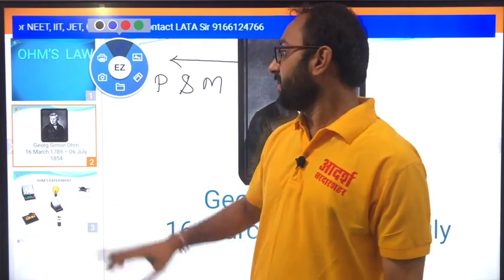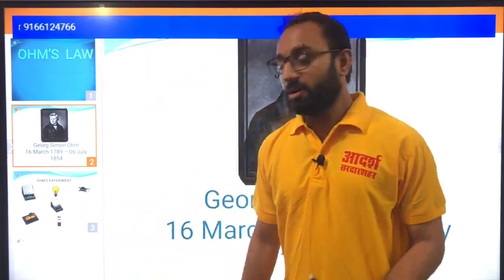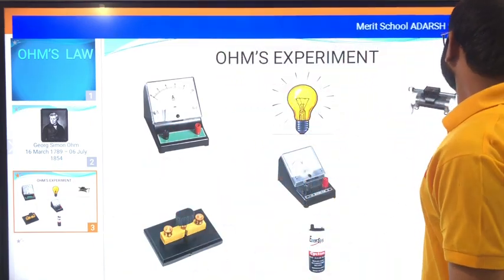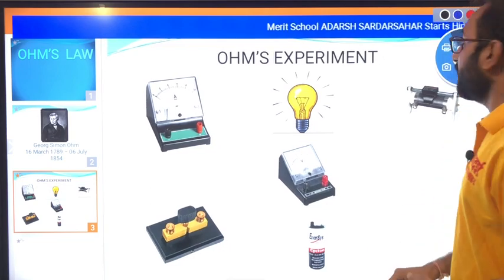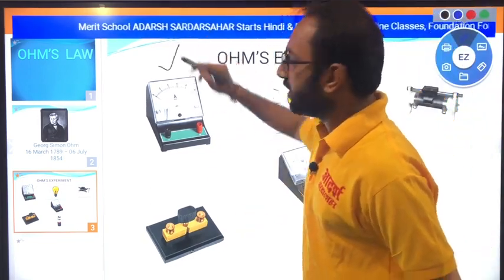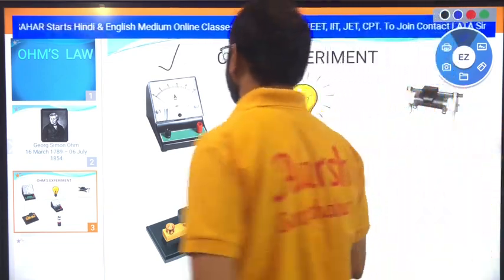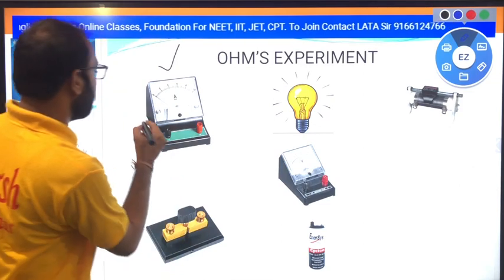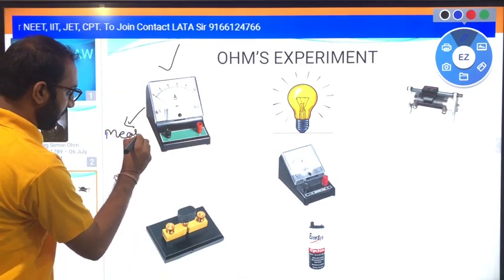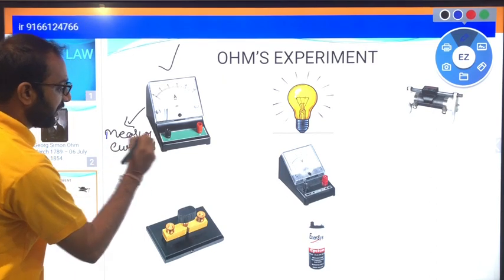Okay, let's start. Firstly, make the circuit diagram of Ohm's experiment. Dear students, what is this? This one is an ammeter. What is the work of the ammeter? Ammeter is used for the measurement of current in a conductor.